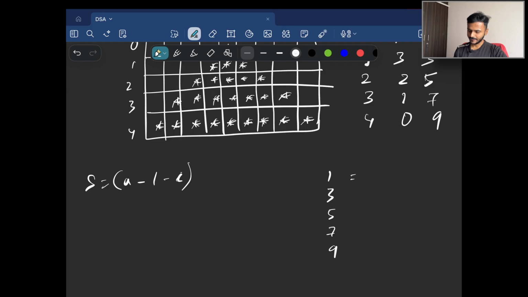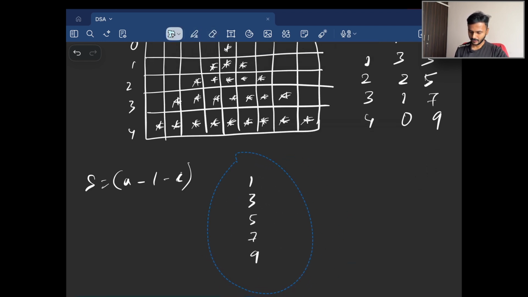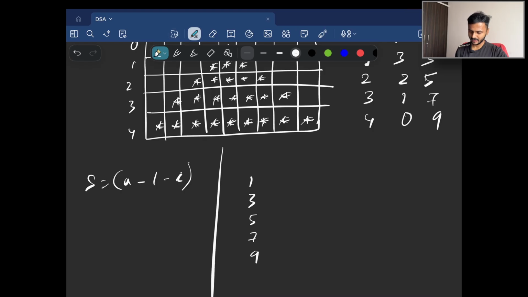you could write it this way. Can you say that 1 is just 2 multiplied by 0 plus 1? This is one way of writing, right? Or the other way could have been 2 multiplied by 1 minus 1, right? Either of them works. So let me write both of them actually, because as of now, I don't have a strong reason to prefer one over the other.